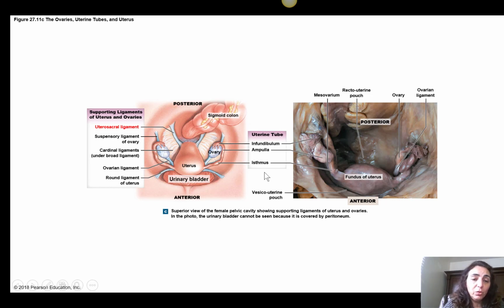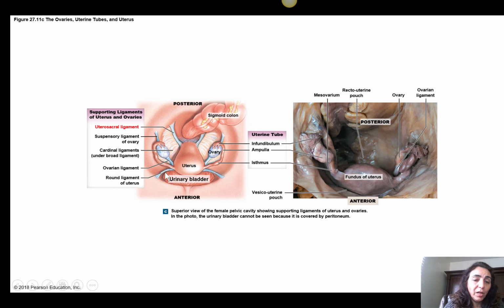The things that we wanted to see here, you see the ligaments here. This is uterus, uterine tube and ovary. Then you see the ligaments of the ovary: this is the ovarian ligament, that is the suspensory ligament. Then you have the uterosacral ligament, that's from the lower parts of the uterus attaching to the sacrum.